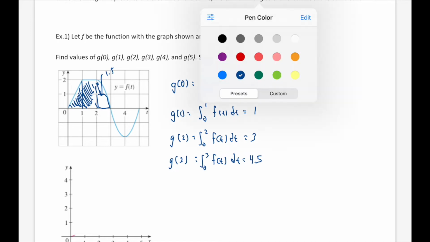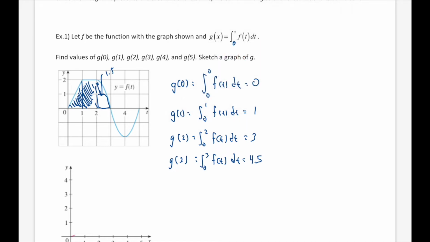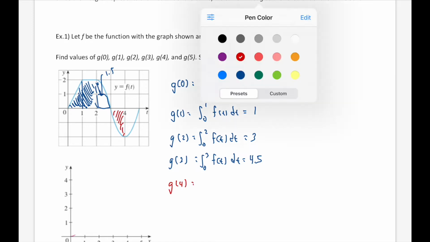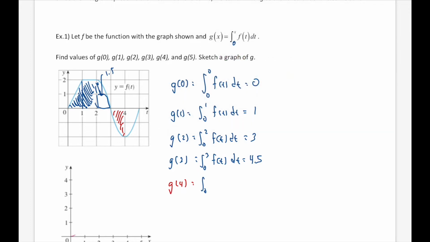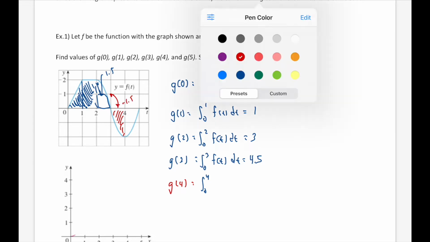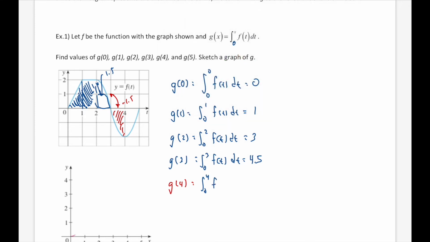Now at this point, we're below the axis. So up to 4, g of 4 is going to be a negative area because it's below the curve. So our integral from 0 to 4, I'm viewing that as pretty symmetric to that top part. So that's maybe negative 1.5, giving us the integral from 0 to 4 of f of t dt as maybe 3.